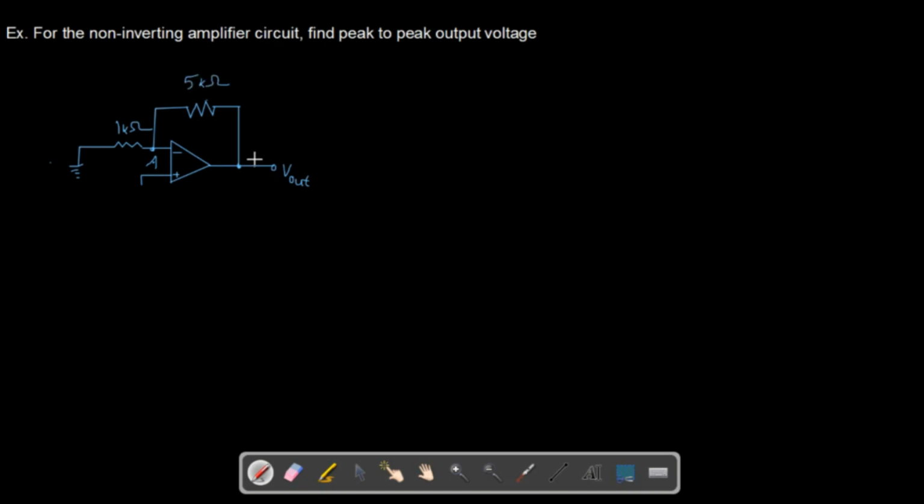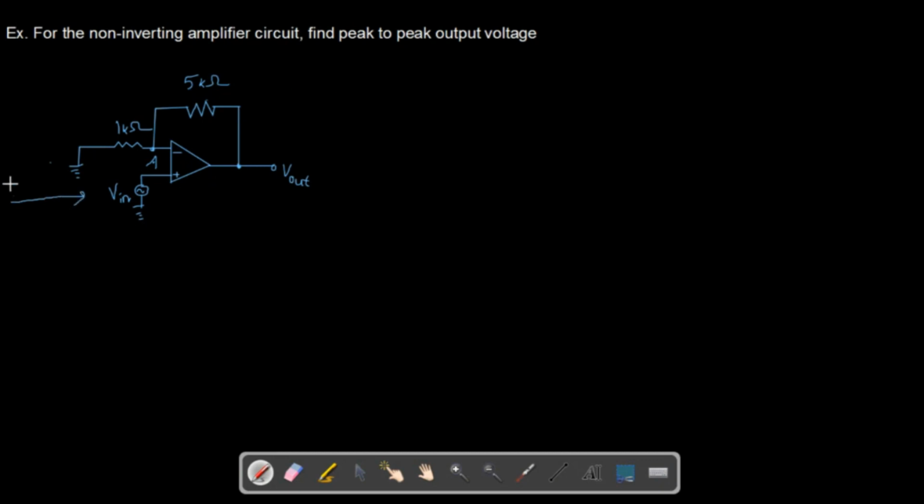If we have to find out the output voltage in this particular case, let's say at the non-inverting terminal we have got the Vin. So you have to find this out. The question is how much is the input voltage that has been provided, and there may be different ways of writing that down. The input voltage is this.